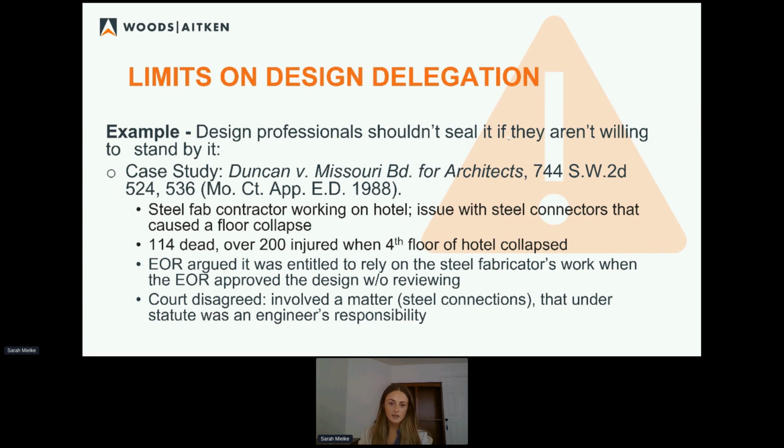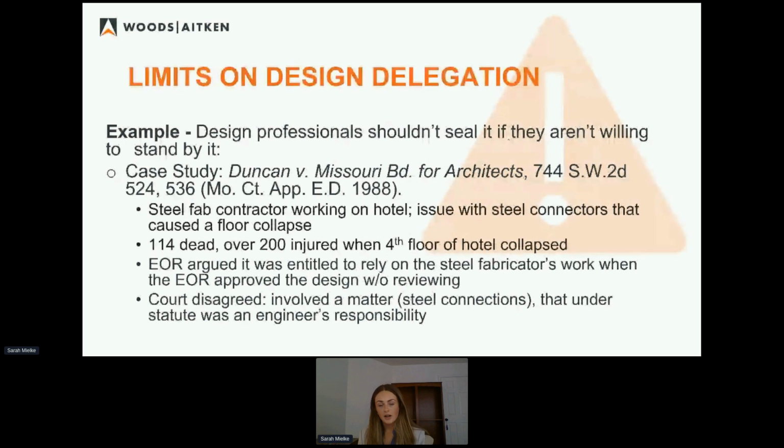The steel connectors actually led to the complete collapse of a floor of the hotel. When the floor fell through, 114 people died, over 200 people were injured. So just because of these steel connectors. Granted, there were other things that may have contributed, but overall, in court, what was determined to be the ultimate cause were these steel connectors.